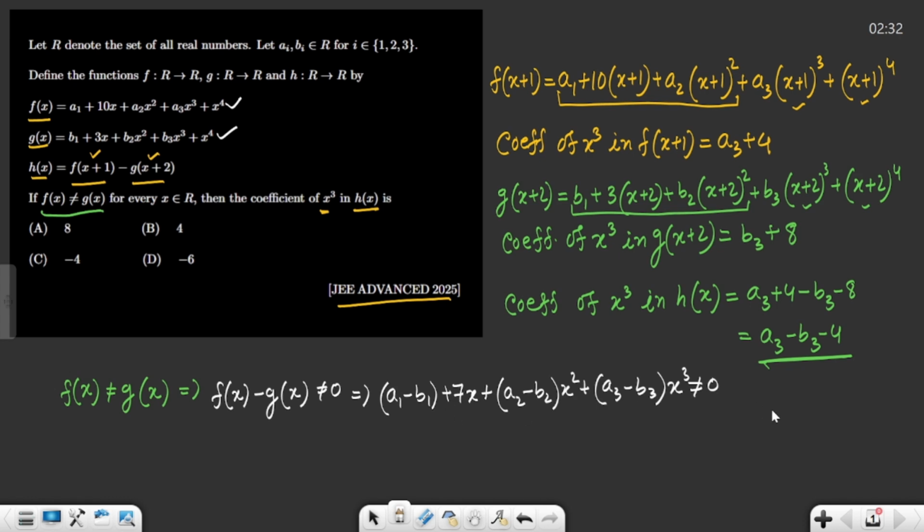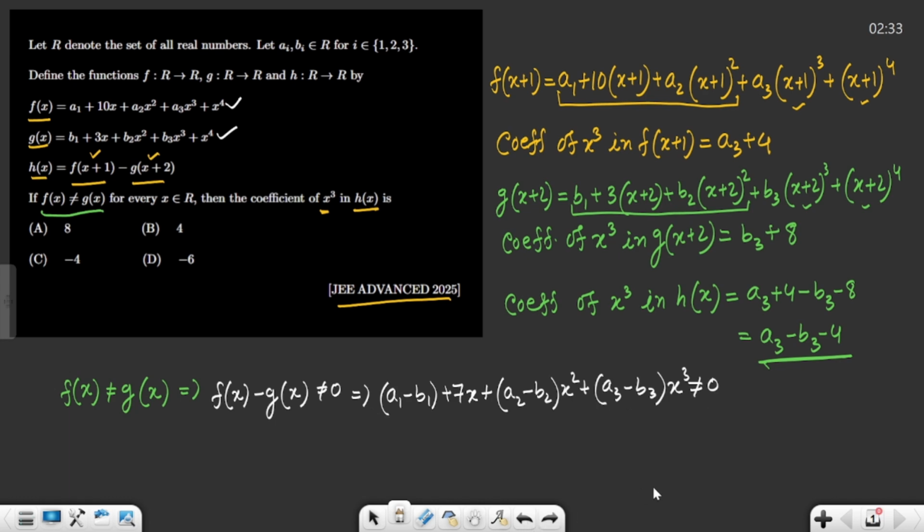But in the question, we are provided that this is not equal to 0 for any real x. So we are not getting any real value of x satisfying this, right? So we can say that there is no real root of this equation.